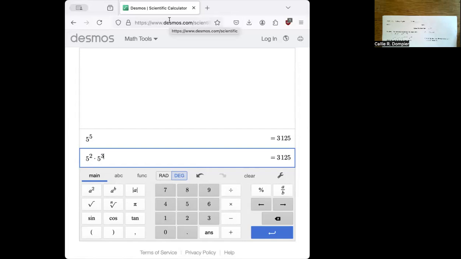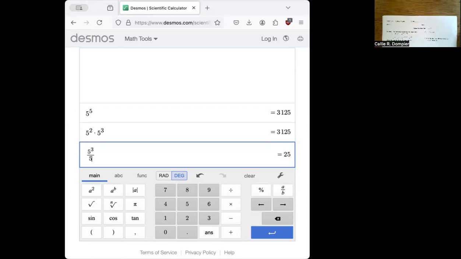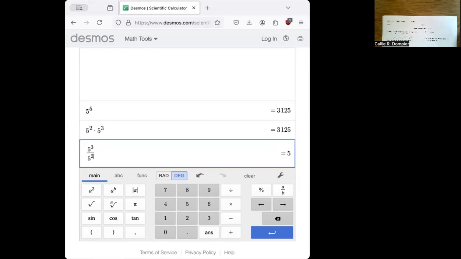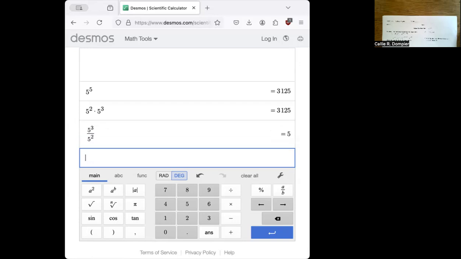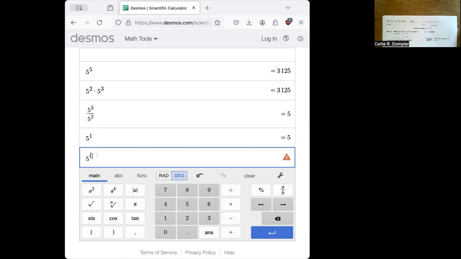The quotient rule for exponents is similar. So if I have 5 to the power of 3 divided by 5 to the power of 2, it's equal to 5. And that's the same as 5 to the power of 1, right? So the quotient rule for exponents is that 5 to the power of 3 divided by 5 to the power of 2 is equal to 5 to the power of 3 minus 2, if that makes sense.